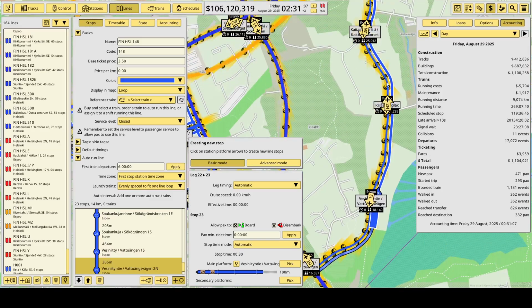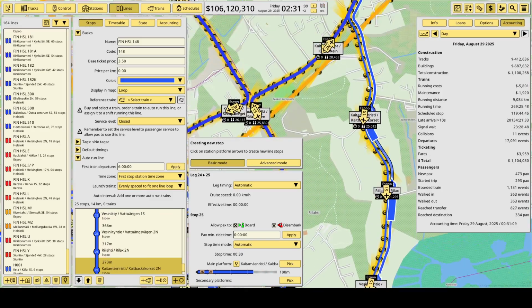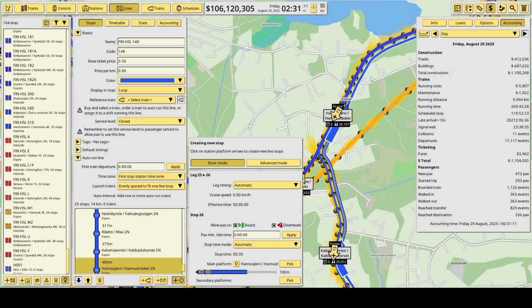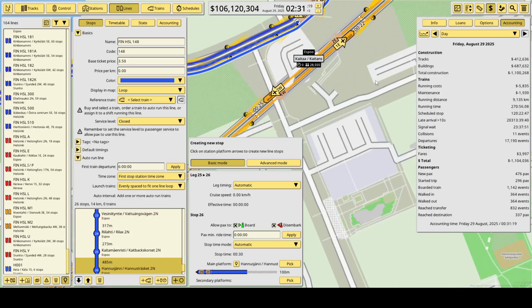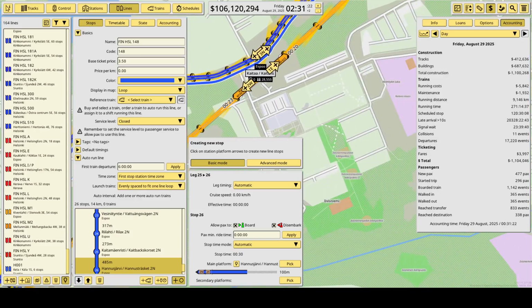So Vesinietin tie, Riilahti, Kaitamäen risti and Hannusjärvi. Instead of stopping at the Kaita metro station, we will turn right and stop at a stop called Kaitaan koulu, which is located in Kaita, of course.